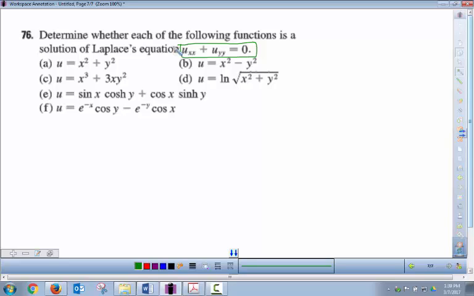So what they do in these problems is give you possible solutions to see if they actually satisfy the differential equation.